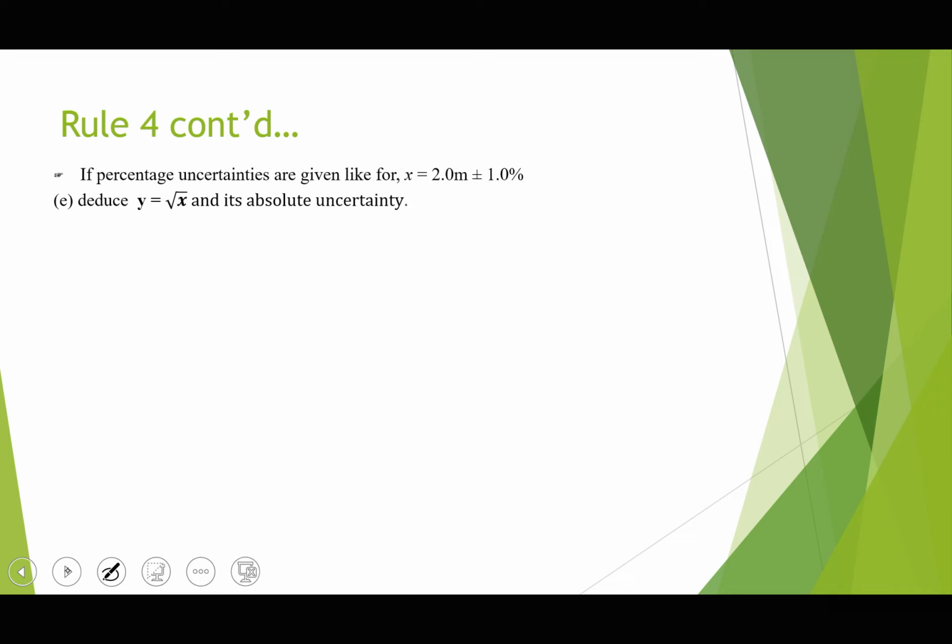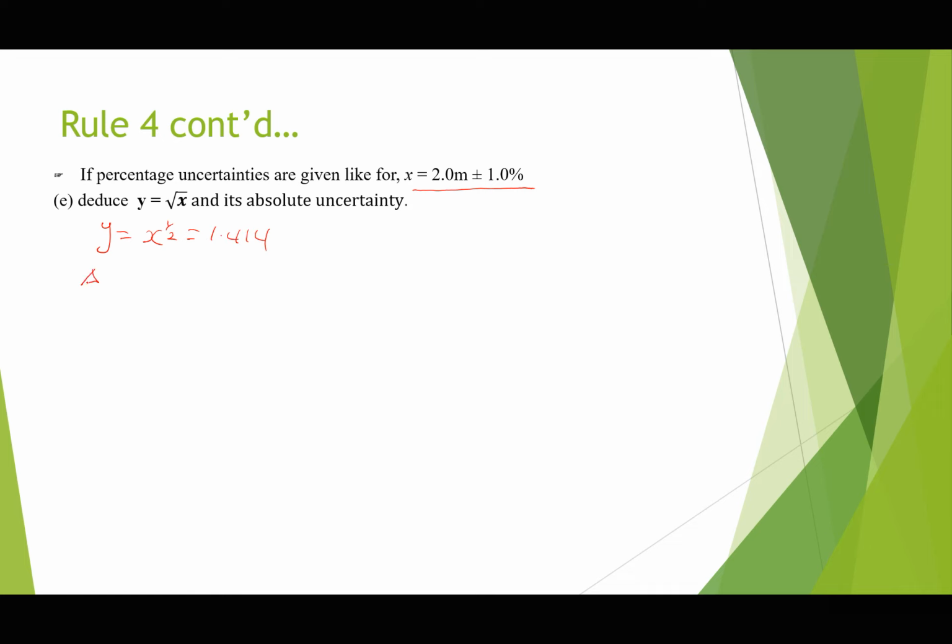Now, if the percentage uncertainties are given, the rule is still the same: you either multiply the power by the fractional uncertainties or by the percentage uncertainties. For this particular expression, y is equal to x power a half, which we have already seen as 1.414.